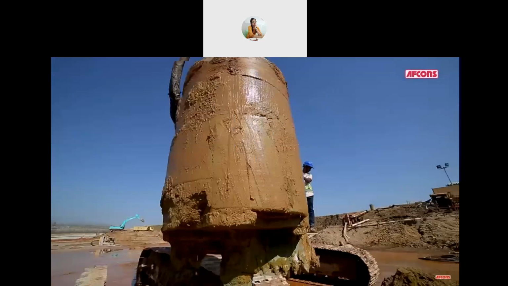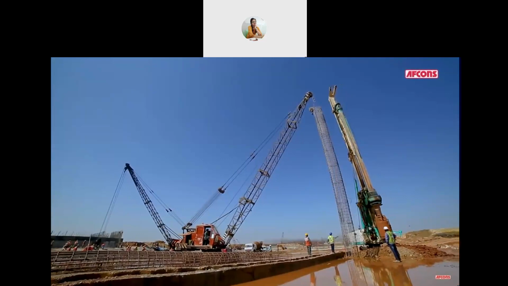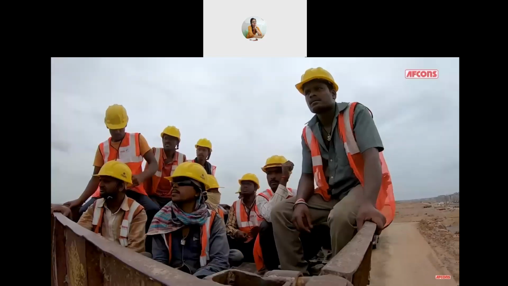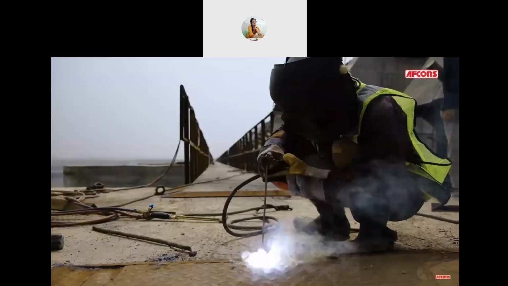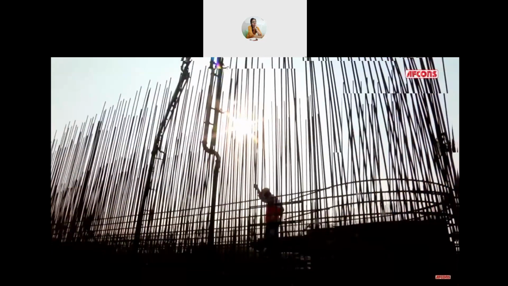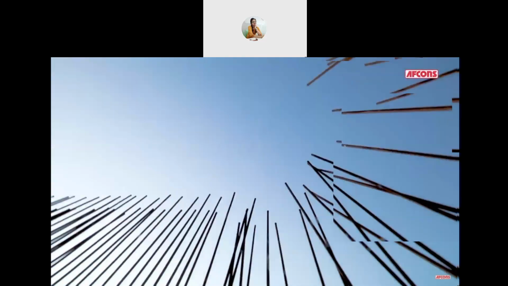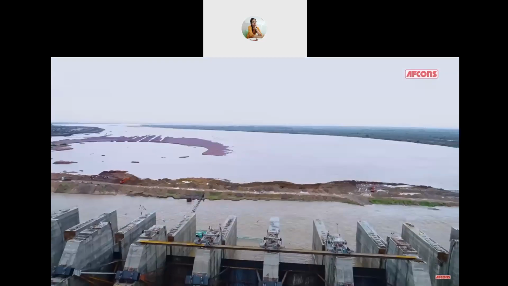This involved the precise deployment of piling rigs for completion of foundation works. The team worked day and night, braving temperatures as high as 50 degrees Celsius in summers, and the fury of the Godavari in flood during the monsoon.